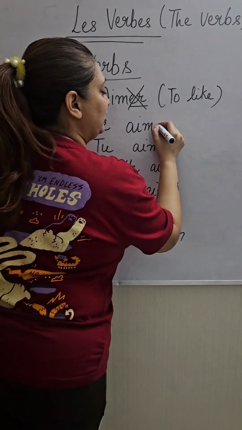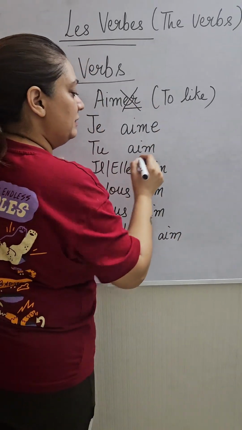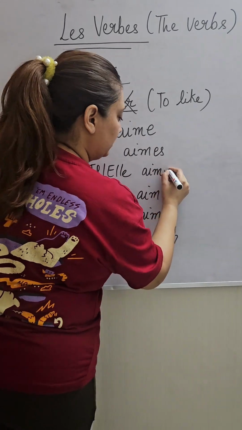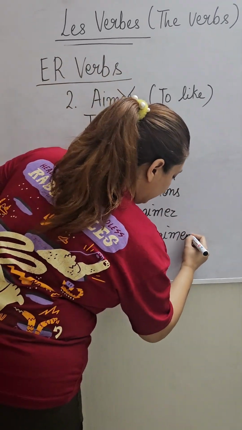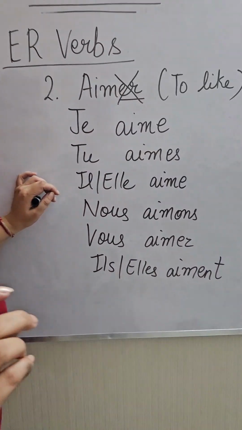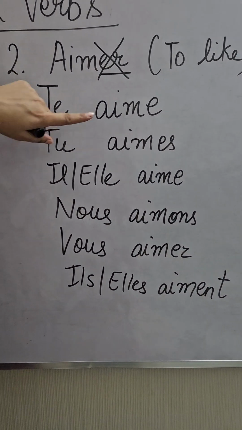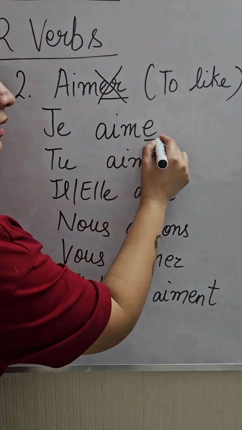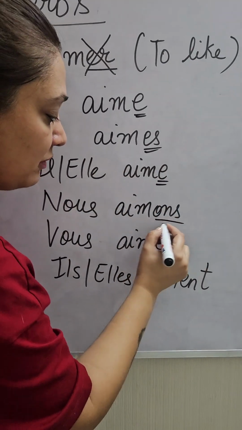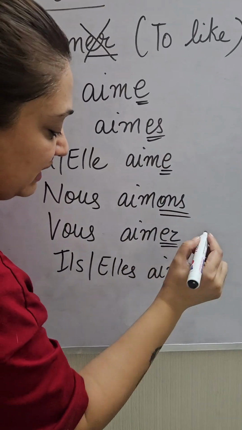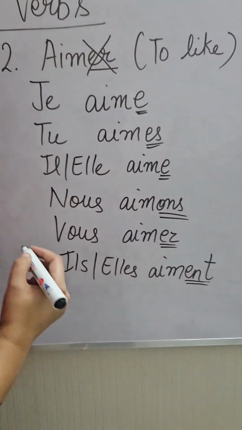Now we write the endings: E, ES, E, ONS, EZ, ENT. This is very easy. You can see that I've written E here, I've written ES here, I've written E here, then I've written ONS, then it is EZ, then we have ENT.